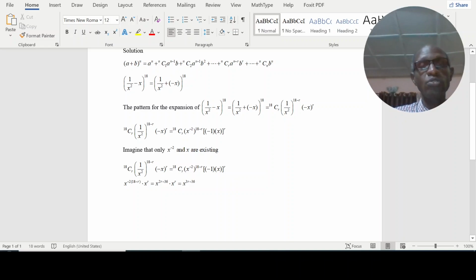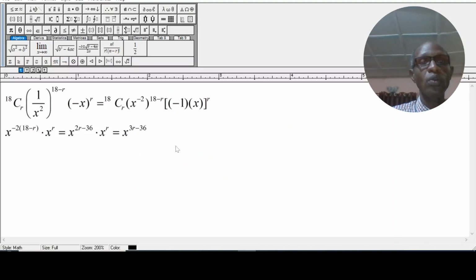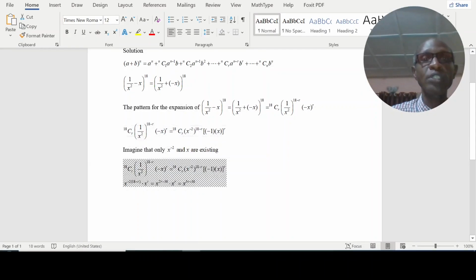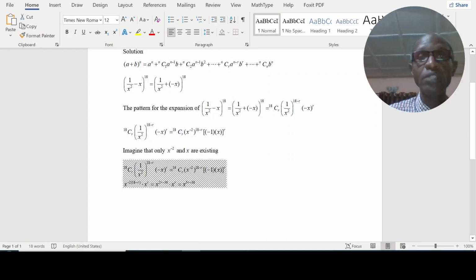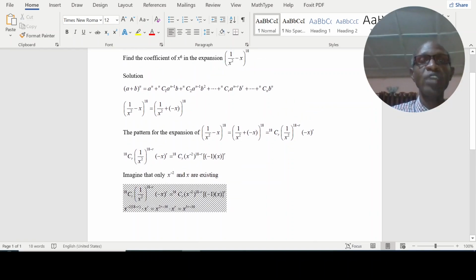Now what we need to do is, we are asked to find the term, the coefficient. If I look at the question, it says we should find the coefficient of x raised to the power of 6.